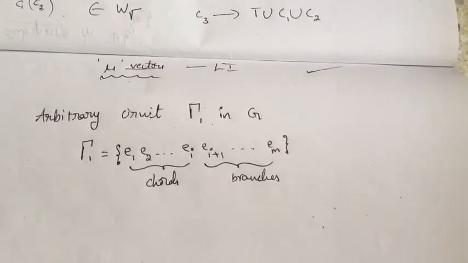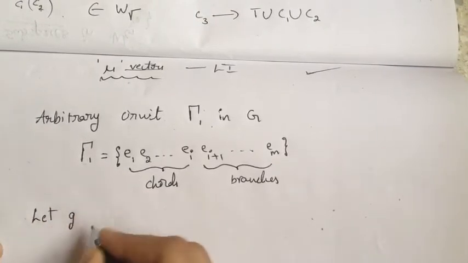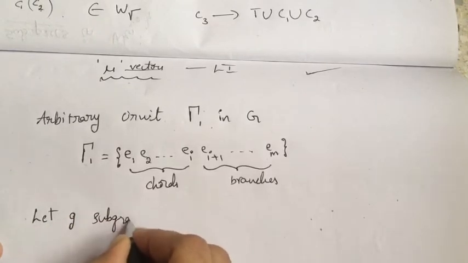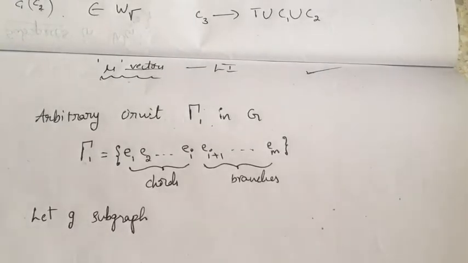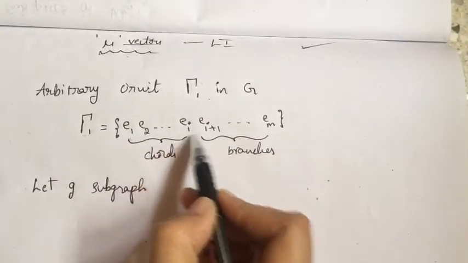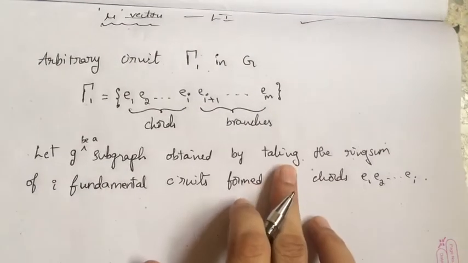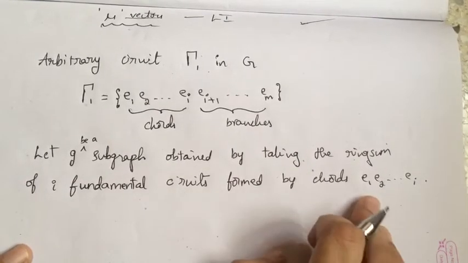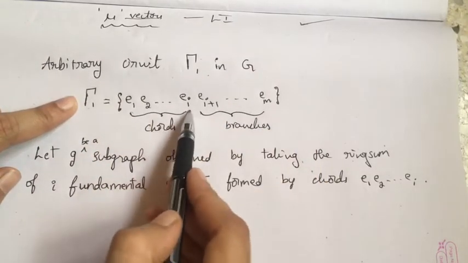Now I'm taking a subgraph. Say let G be a subgraph obtained by taking the ring sum of I fundamental circuits which are formed by these chords. See, this is my arbitrary circuit and it has these chords.